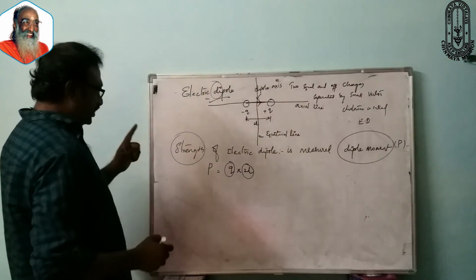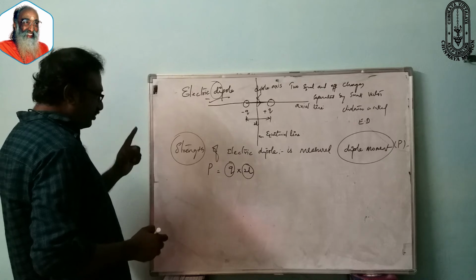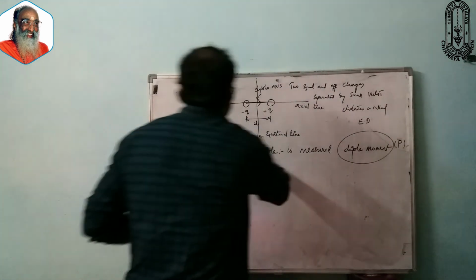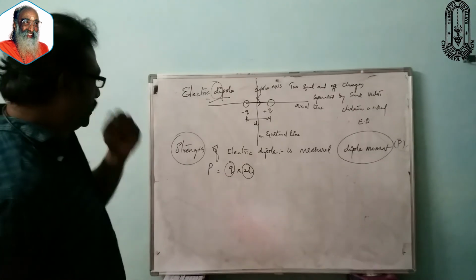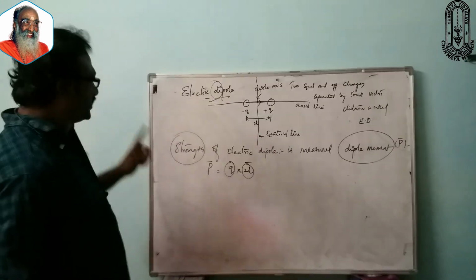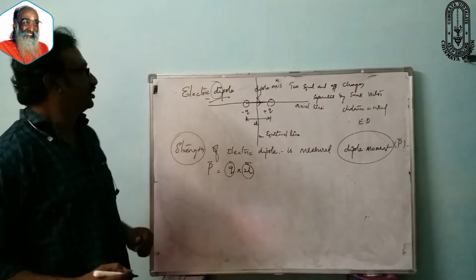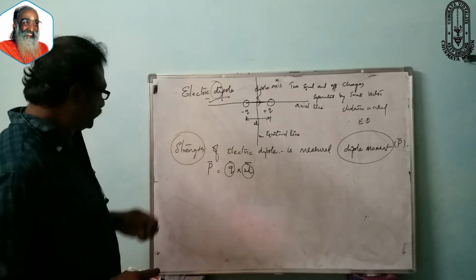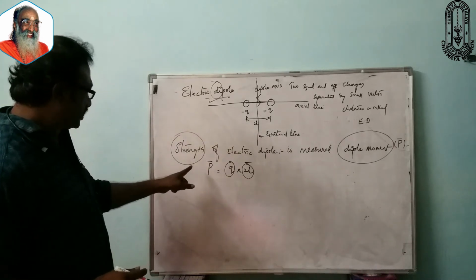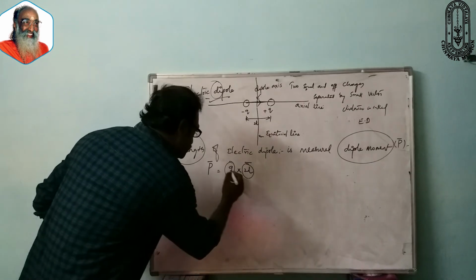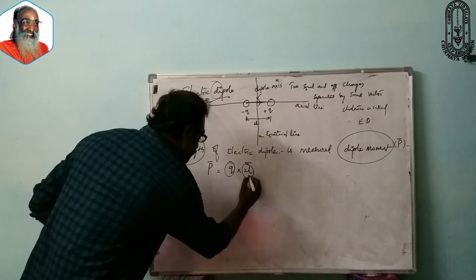So the dipole moment is a vector quantity directed from the negative to the positive, along the dipole axis. So this is about the dipole moment. Let us write the units for this. Q will be in coulomb and 2L will be a length.